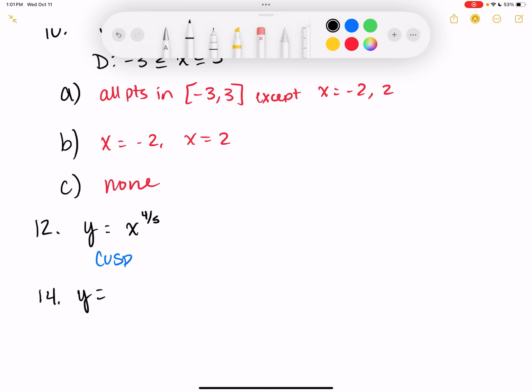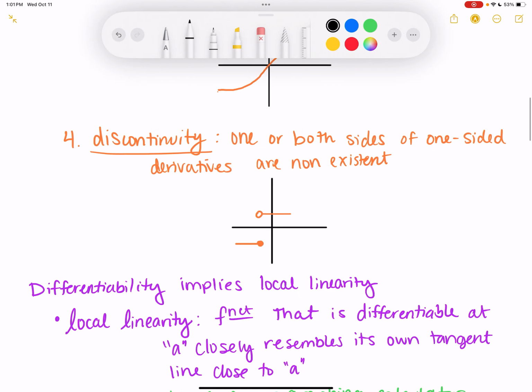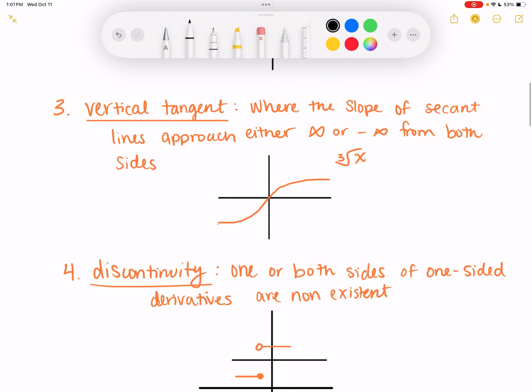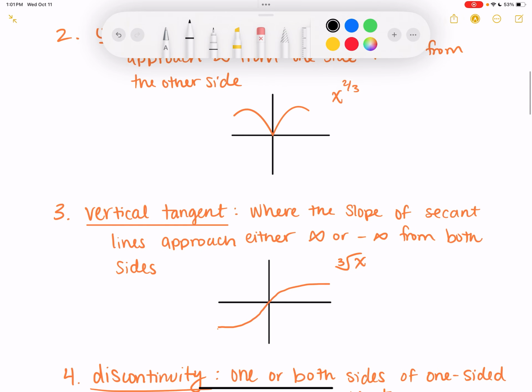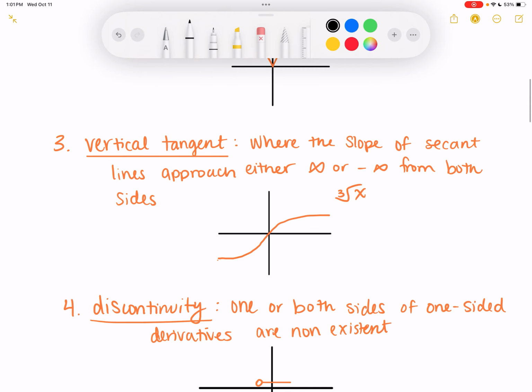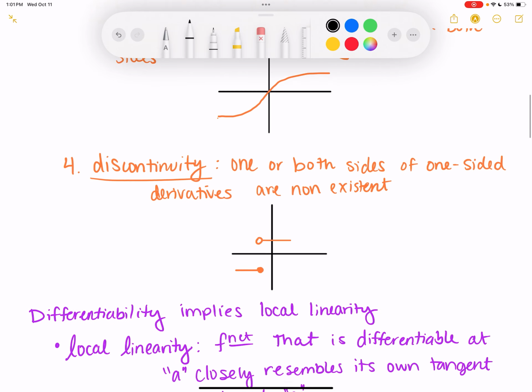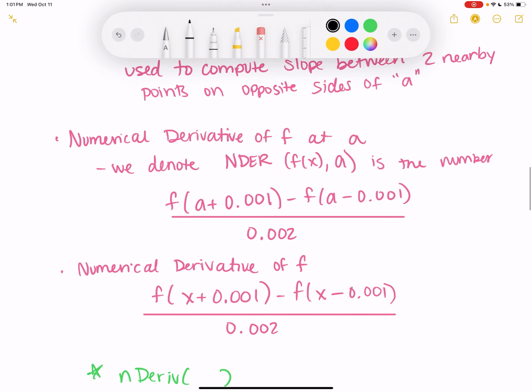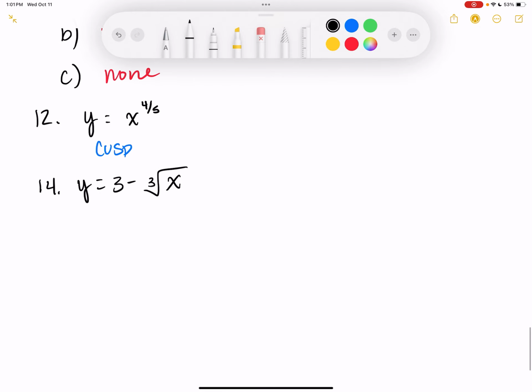14. y is equal to 3 minus the cube root of x. Scroll back and look at our options. Without a graph, what does this look like? Vertical tangent.